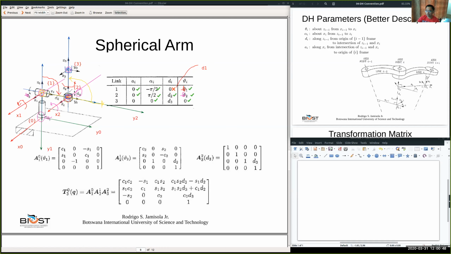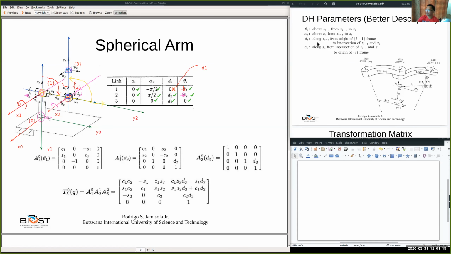From here to there along Z2 in that direction, that's positive. This distance is D3. Because it's not a constant but a variable, we don't write how much it is; because it's changing, we put the variable D3. So we're done with D3.